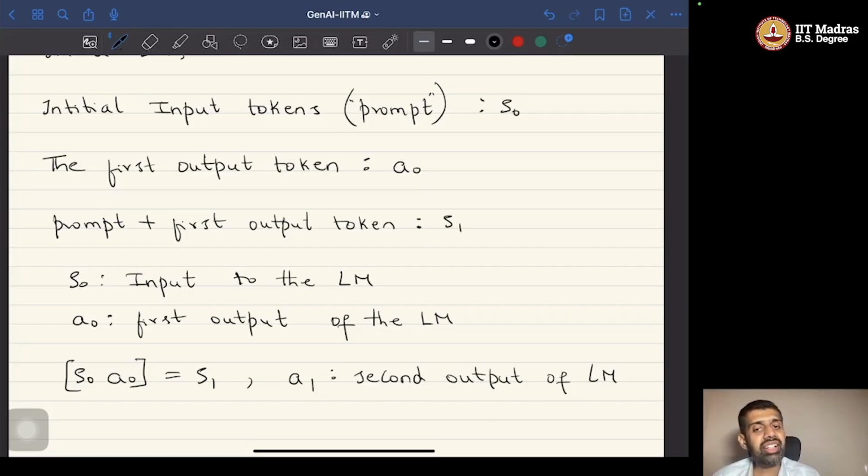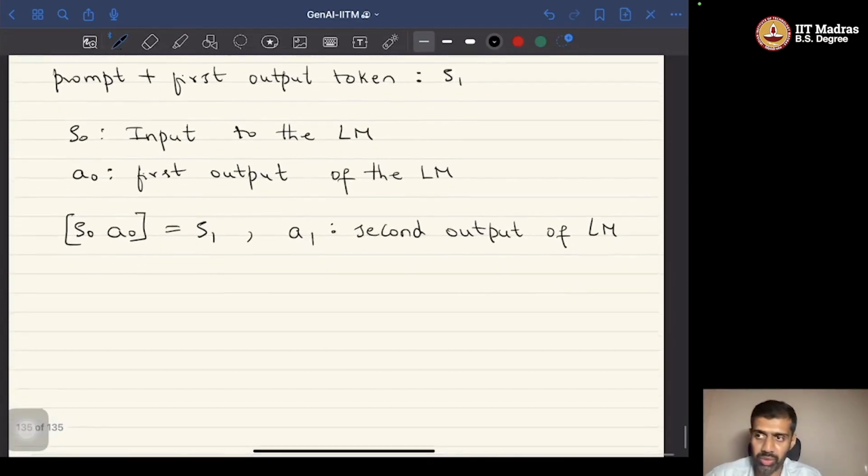Now you concatenate the input and the first output token, and that constitutes the second state. Given that second state, the language model outputs another token that becomes the second action. Concatenate that with everything before, that becomes the third state, and so on. That's how you constitute a trajectory in the case of a language model.